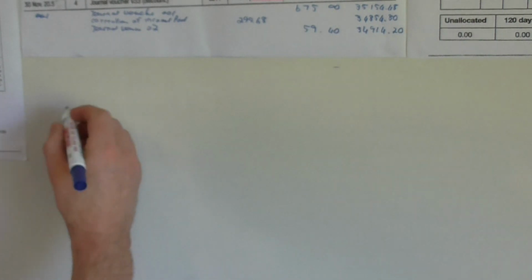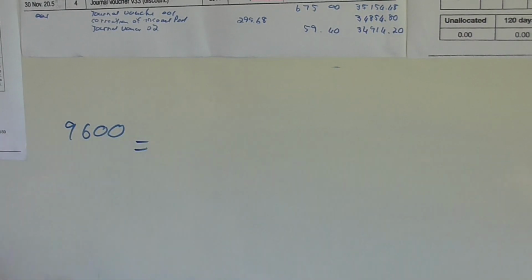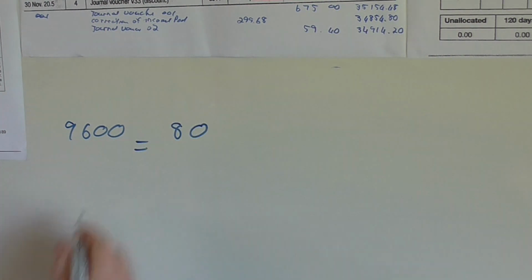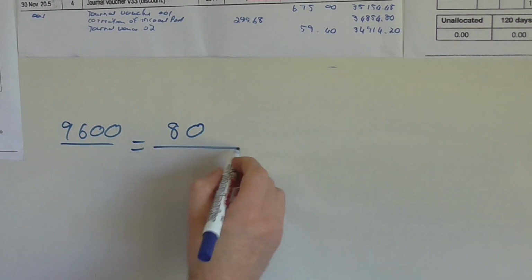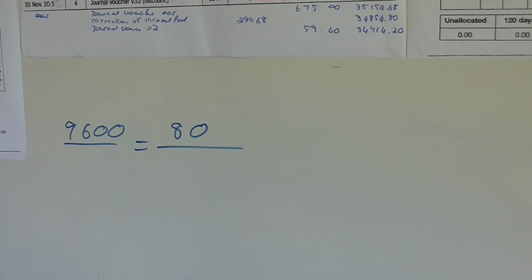So first of all, we've got 9600. Now we need to remember, they say that we've received the 20% discount. So in other words, 9600 is only 80% of the price. But we want to find out what it was before discount.